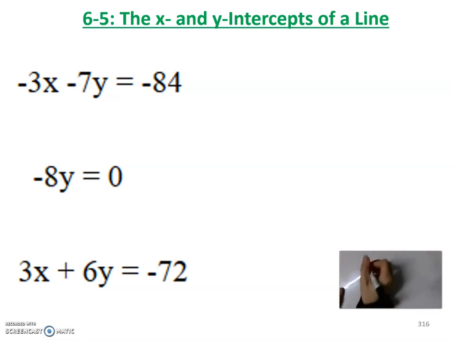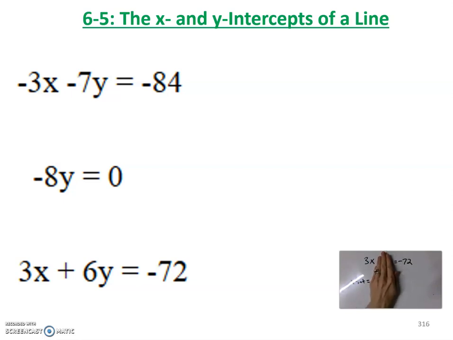Okay, my next example is 3x plus 6y equals negative 72. And again, I'm finding the x-intercept and the y-intercept. So for this problem, I'm going to use the cover method. I want the x-intercept, so I'm going to cover y. I zero it out.